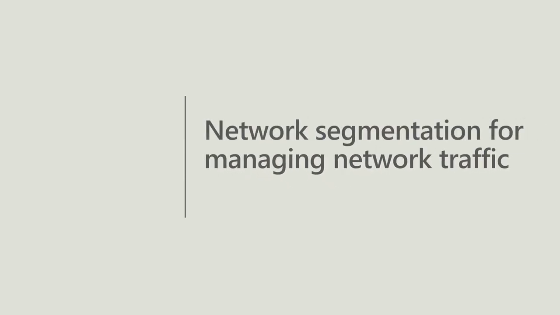Next, you learned about network segmentation as a key strategy for managing network traffic effectively in various environments. You explored practical applications of network segmentation in both home and office settings, and how it can be used to isolate personal devices from professional ones, manage bandwidth usage, and protect sensitive data.